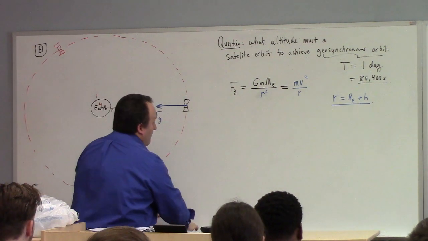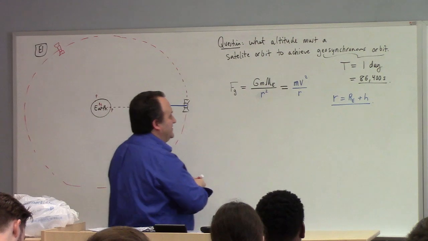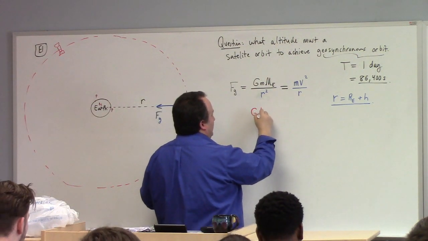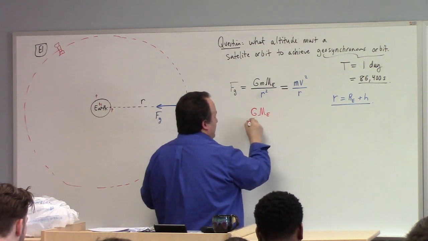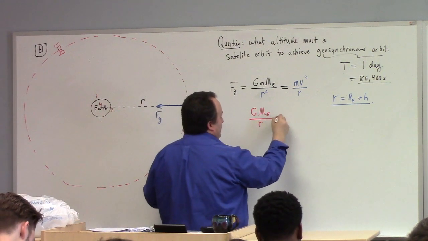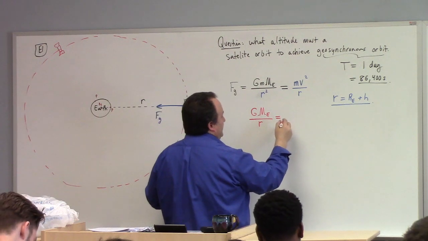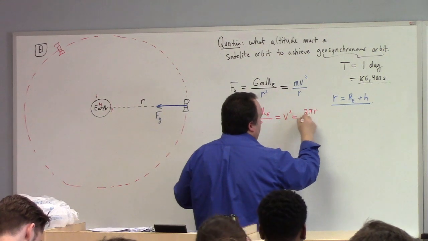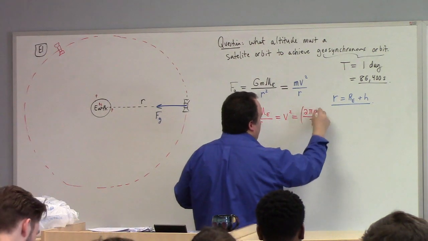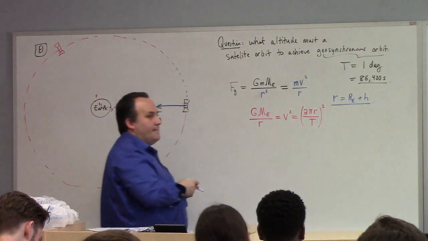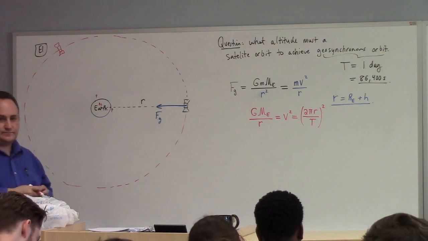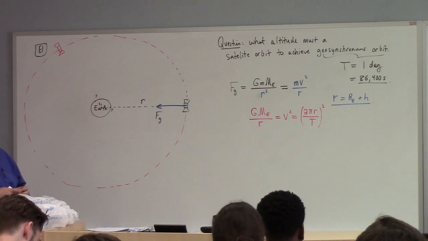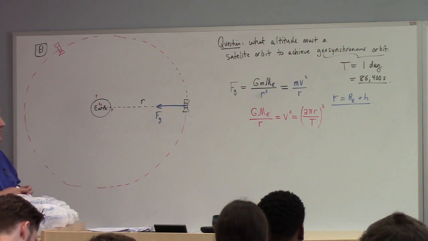Anyway, so the masses cancel, and we've got G times the mass of the Earth, divided by R, equals v squared. Now, v squared, what's that? That is also known as 2 pi R divided by the period, quantity squared. So then what?